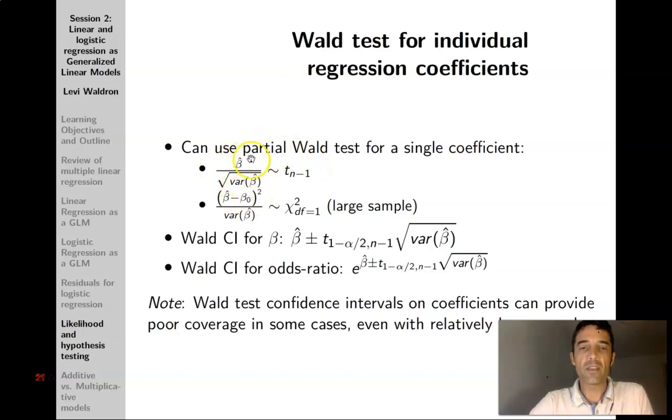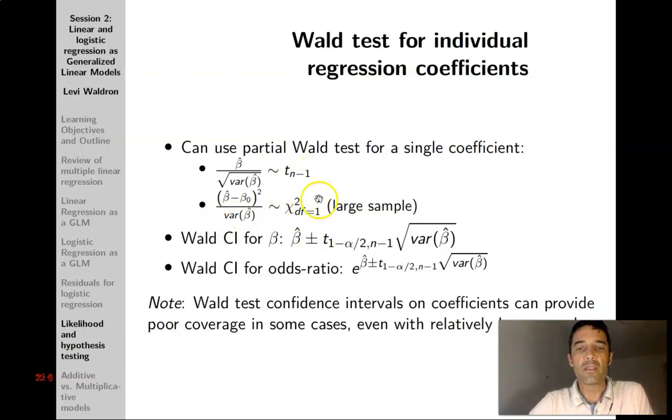And the basis for this is, as I had mentioned before, that the coefficients under random sampling are t-distributed with n-1 degrees of freedom. And the square of this is chi-squared distributed for a large sample.